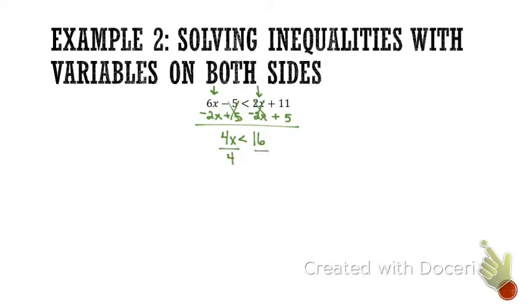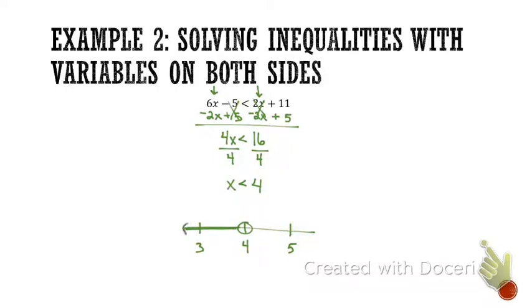Divide both sides by 4, and x is less than 4. All right, and I graph it. 4, 3, and 5. Open dot or closed dot, going left.